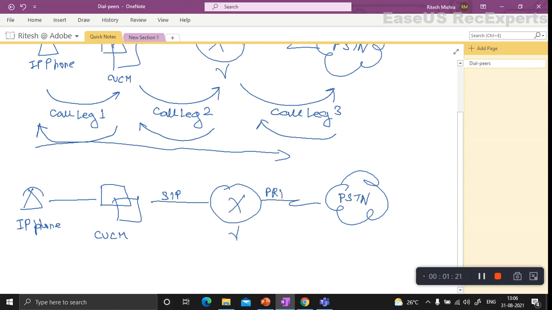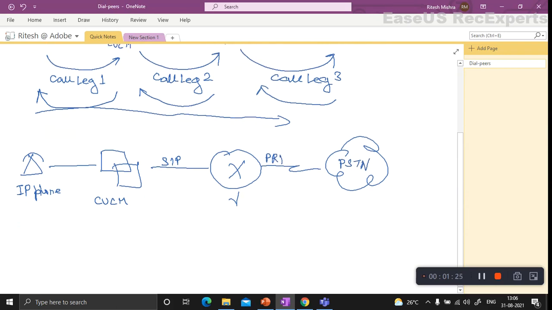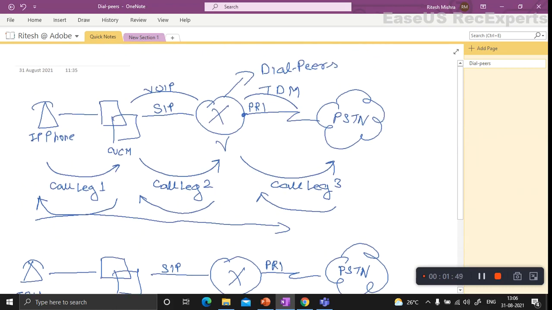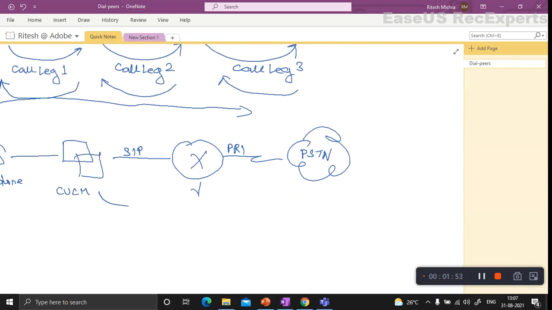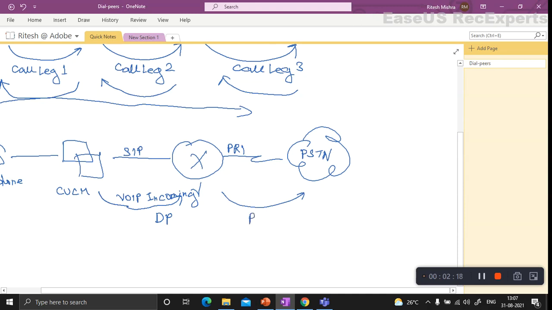Suppose you're trying to make an outbound call which initiates from the IP phone, then the dial pairs that we will be configuring on the voice gateway would be a VoIP incoming dial pair on the voice gateway, and one more dial pair would be POTS outgoing.